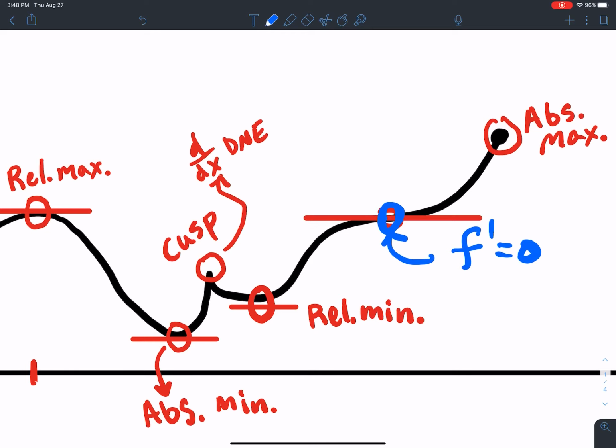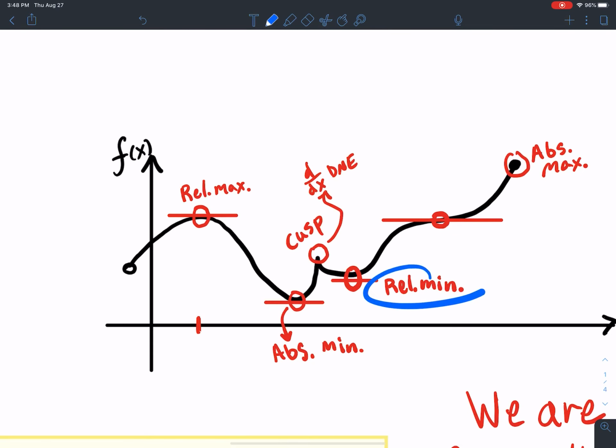Okay? So just because you have a critical point does not mean that you're going to have a relative max or relative min at that point. But if it is a relative max or a relative min, right, then you know without a doubt that it will be one of the critical points.